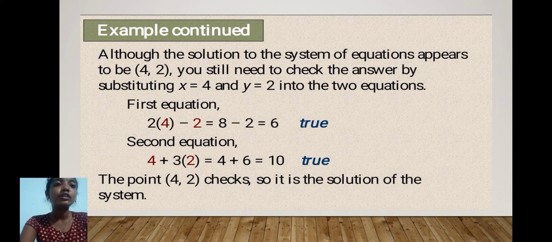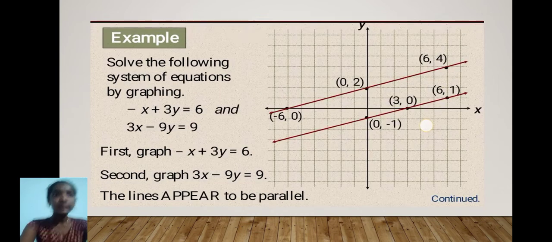Hence it is the true equation. And the second equation is 4 + 3(2) = 4 + 6 = 10. Hence the second equation is also a true equation. The point (4, 2) checks, so it is a solution of a system.